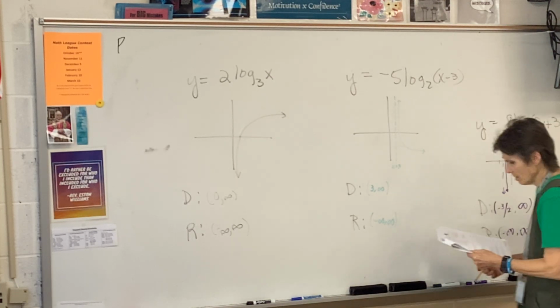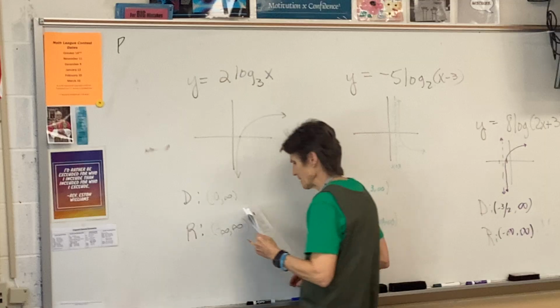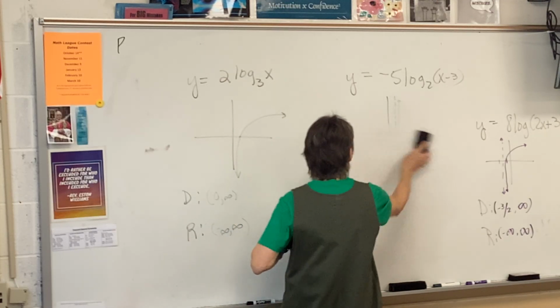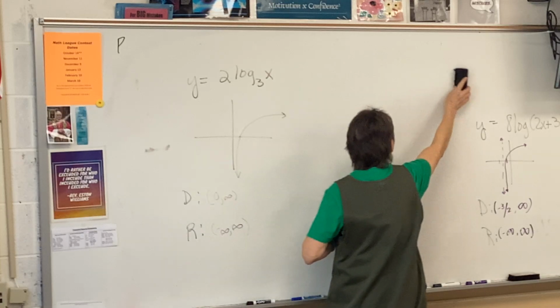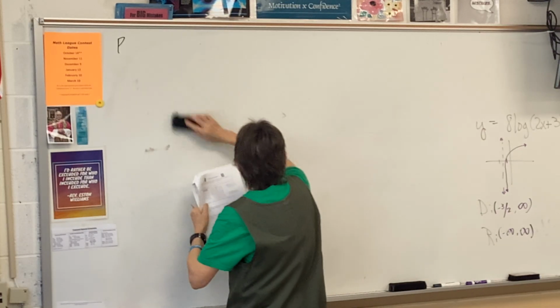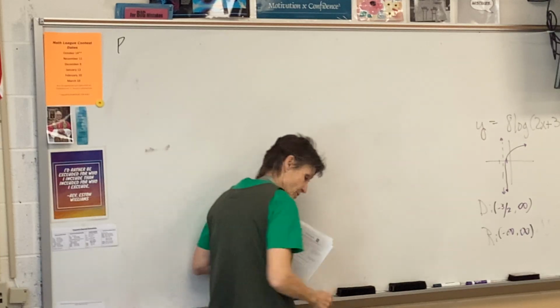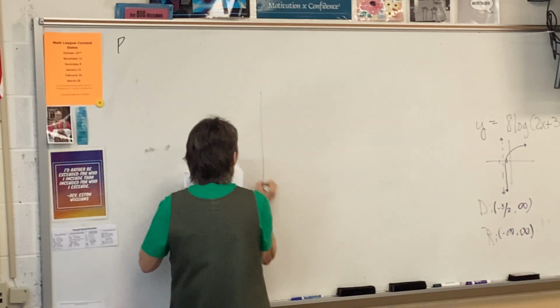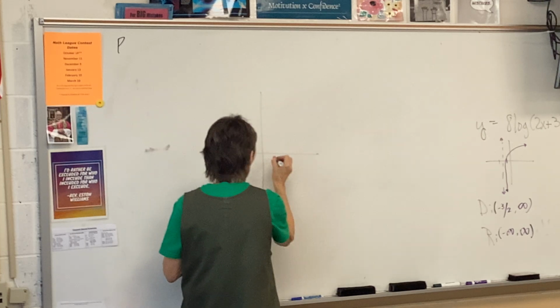The table below represents y equals log base 2 of x. So go ahead and plot those points on your little grid there. Don't be confused by all the words, just take the points from the chart and plot them.